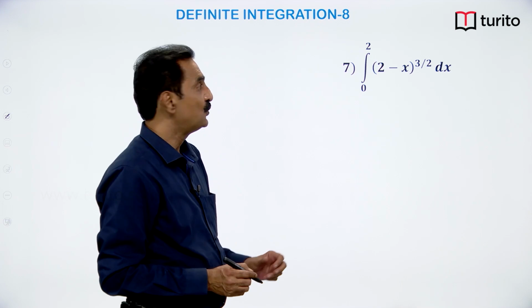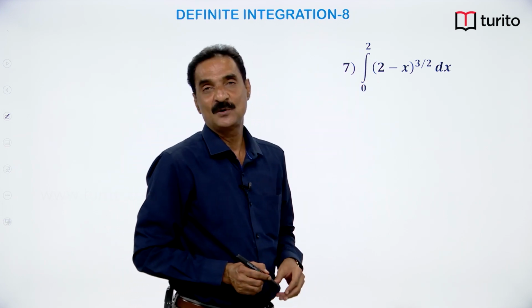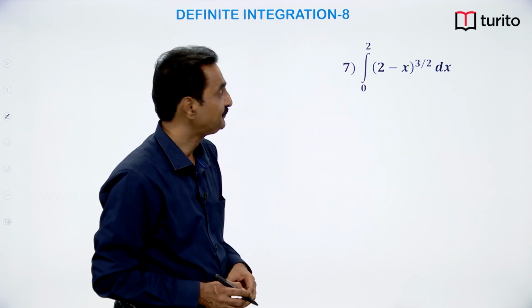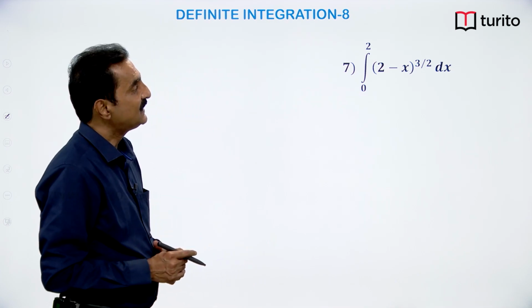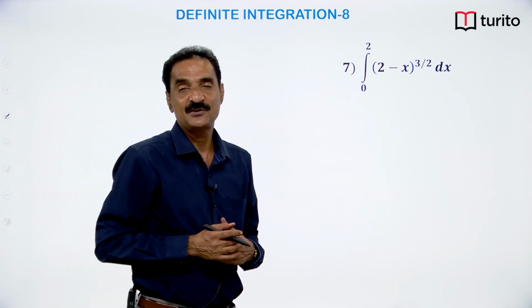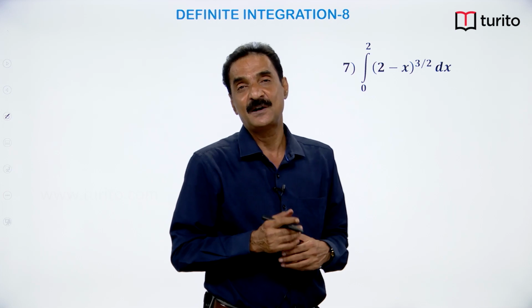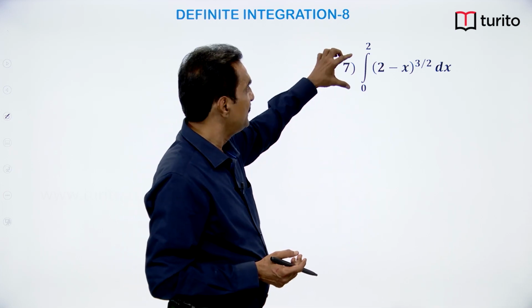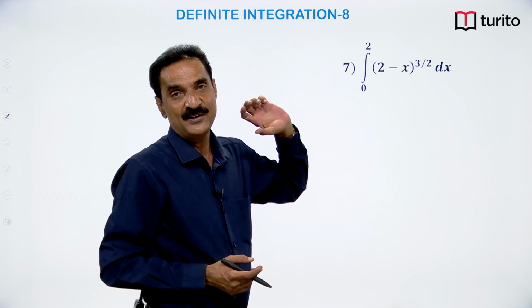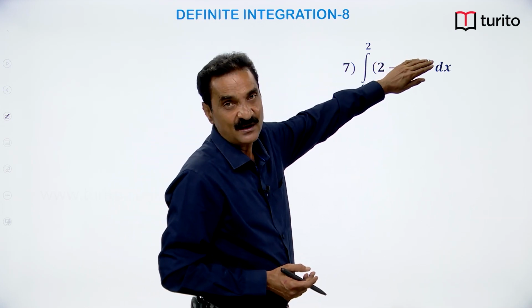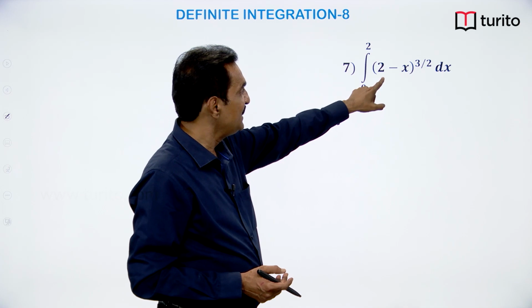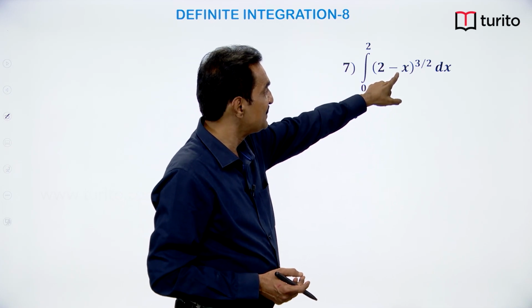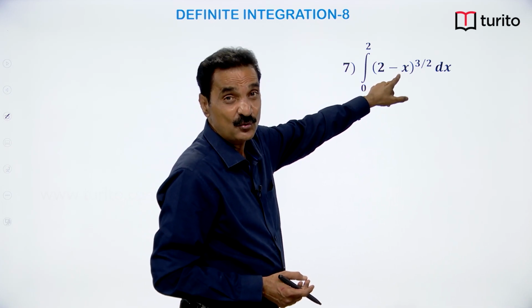Integral 0 to 2, (2 minus x) whole power 3 by 2 dx. Here, what is the suitable substitution to convert into a reduction formula in sine and cos? You think limit should become 0 to pi by 2 and this should become either sine or cos. You can easily get the idea that substitution is x is equal to 2 sin square theta.